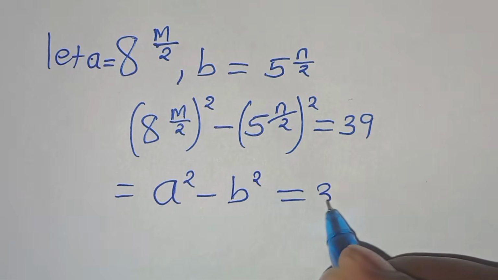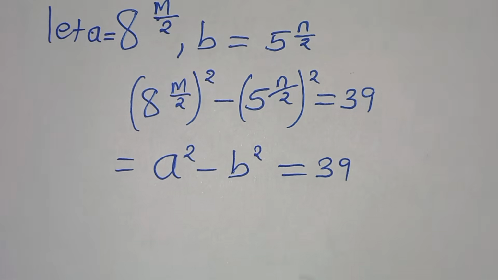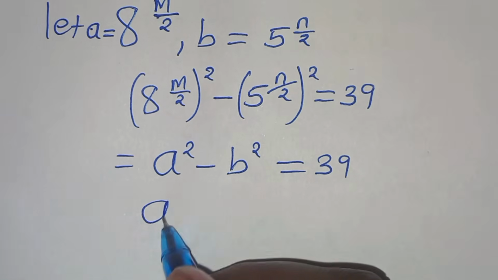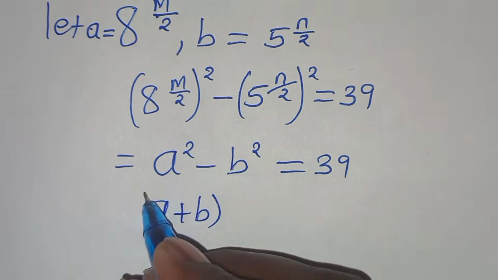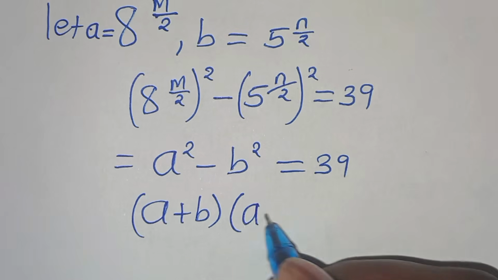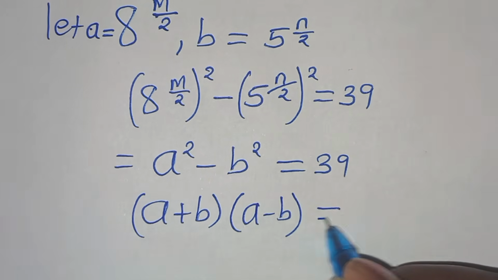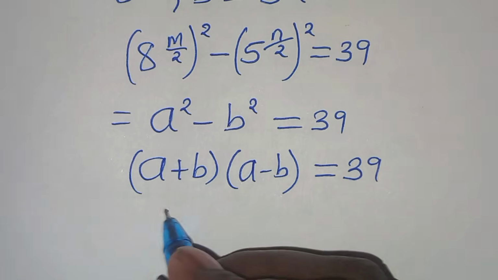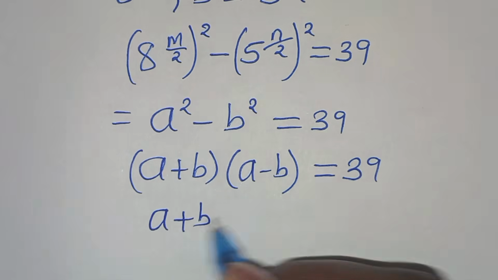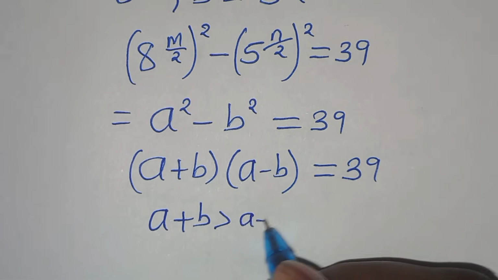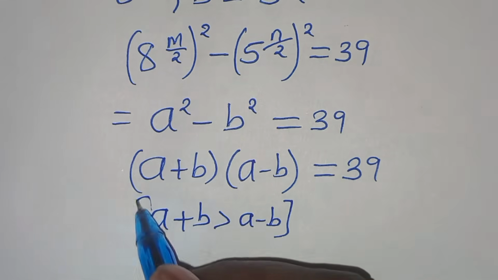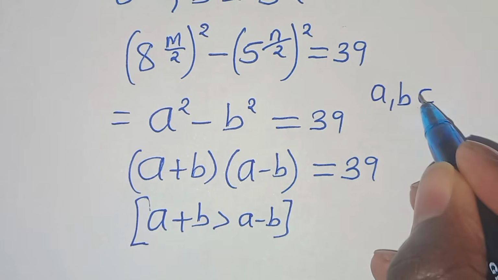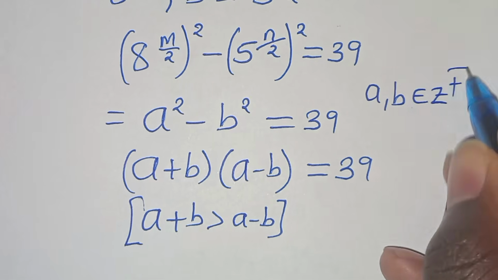This is equal to 39. Now, this is the difference of two perfect squares that we can express as a plus b multiplied by a minus b. This is equal to 39. Now, we have that a plus b is greater than a minus b.